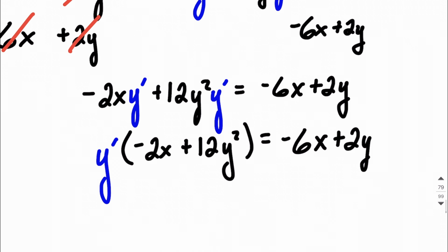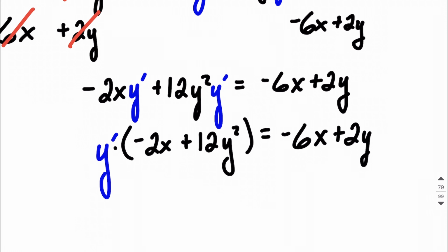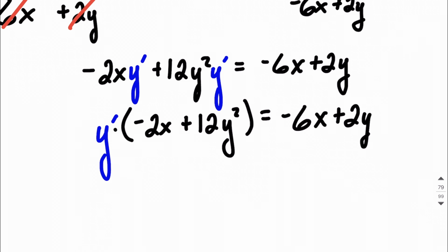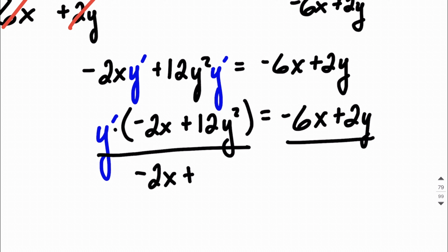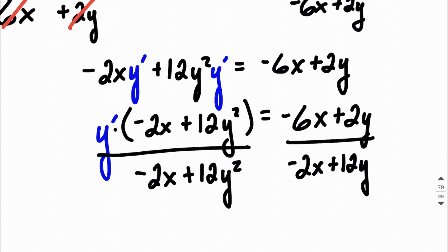Okay, from here, we have y prime multiplied by the entire left-hand side. To get y prime all by itself, we're going to divide the entire left-hand side and the entire right-hand side by -2x plus 12y squared. So that's putting the y prime on one side all by itself.